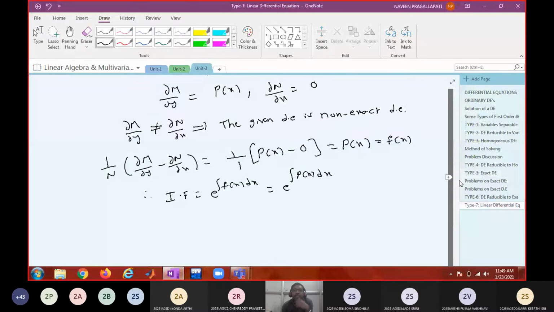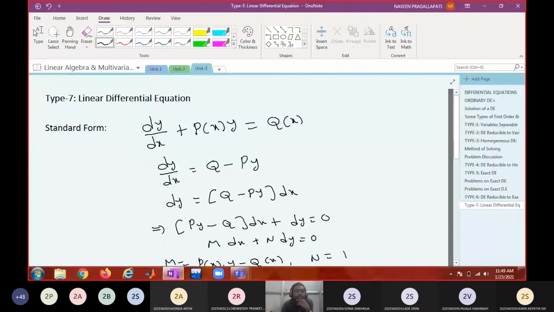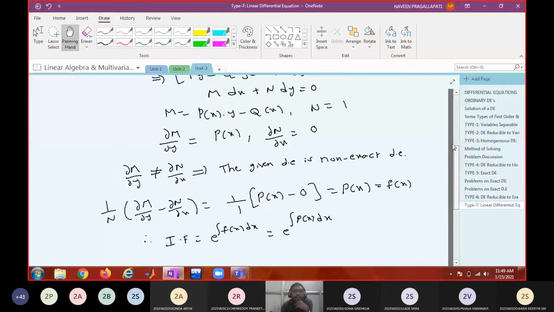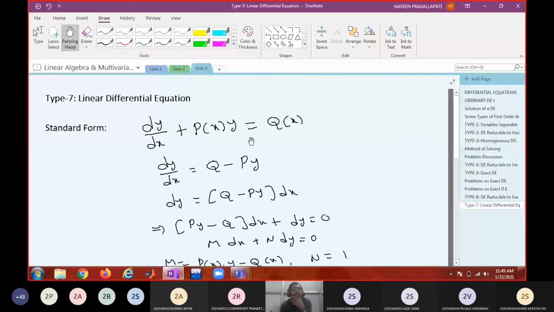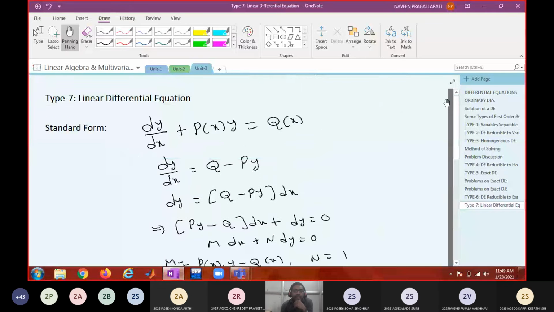Now do you understand how this integrating factor is obtained for a linear differential equation? In intermediate you have learned the formula for the integrating factor as e power integral p dx, where p is the coefficient of y. You remember? Yes. So once you get the integrating factor, what do you do? You multiply this integrating factor to this differential equation on both sides.